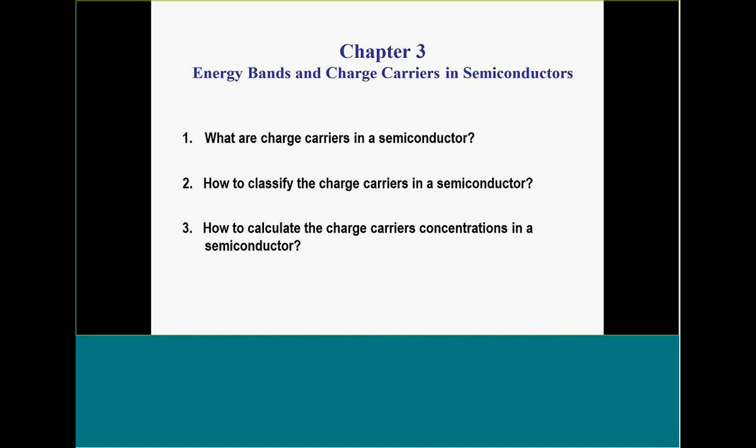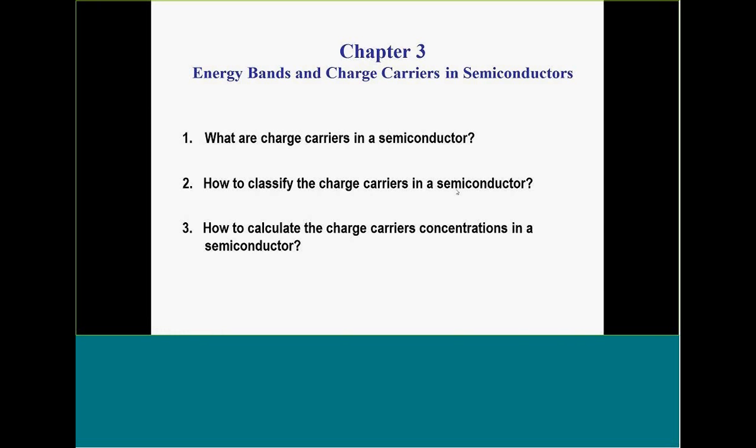So basically, we are going to talk about 3 topics. What are charge carriers in the semiconductor, which is going to answer the question that I asked just now. And how are we going to classify the charge carriers in a semiconductor?